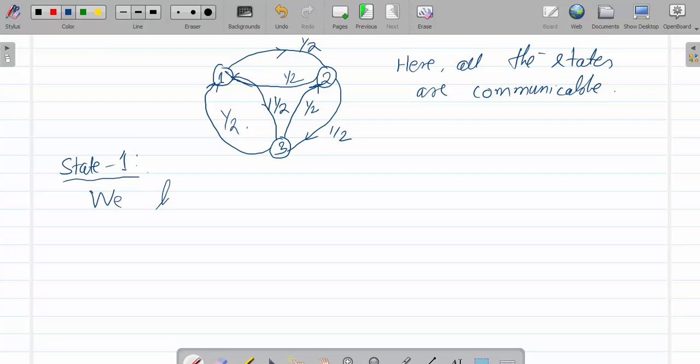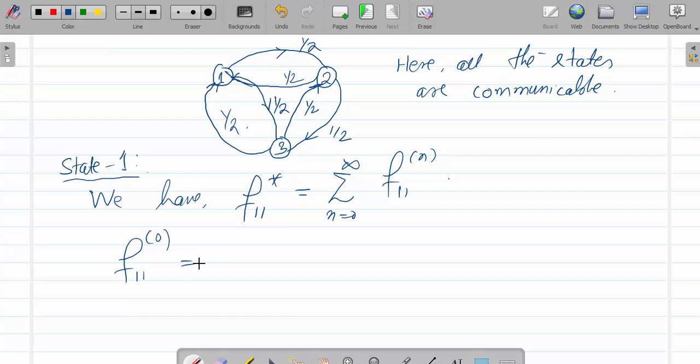Now for state 1, we have f11 star equal to summation over n equal to 0 to infinity of f11(n). So f11(0) is equal to 0, since transition from state 1 to state 1 in 0 steps is not possible for the first time. f11(1) is also equal to 0.